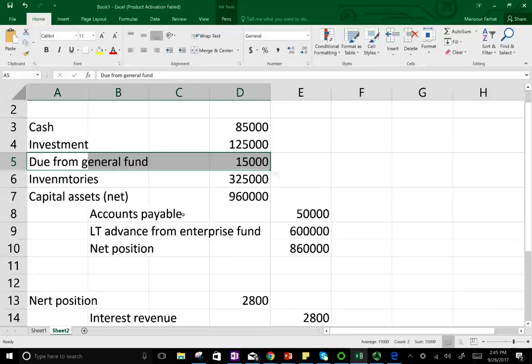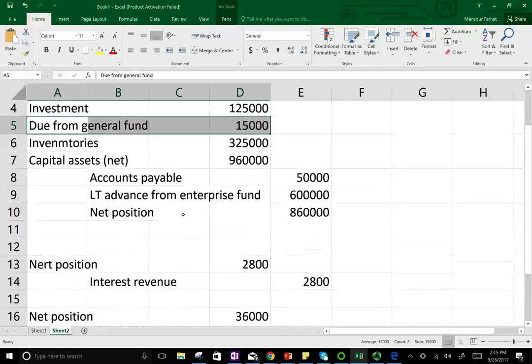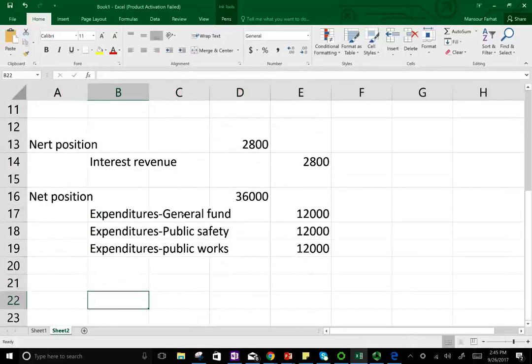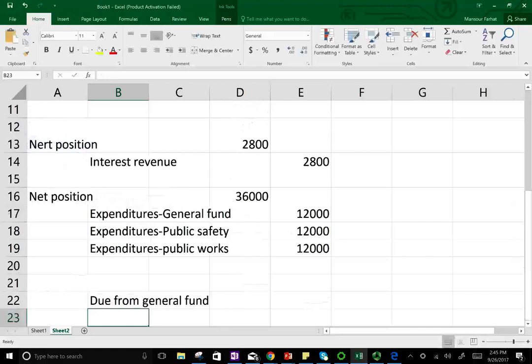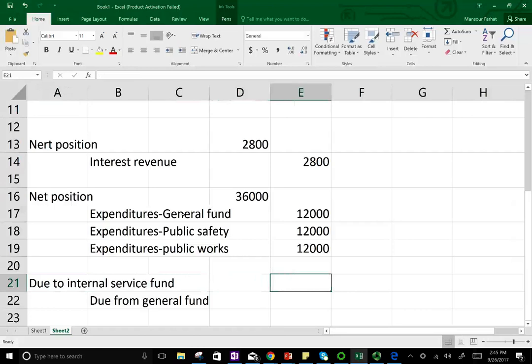So we're going to debit due to internal service fund and credit due from general fund, 15,000 and 15,000. Basically, those are the adjusting entries.